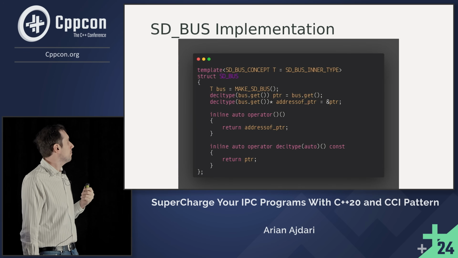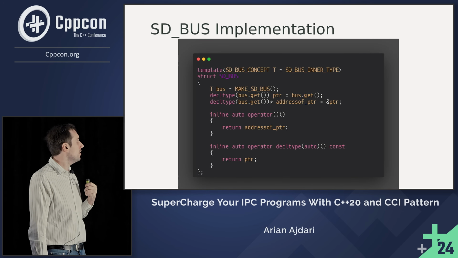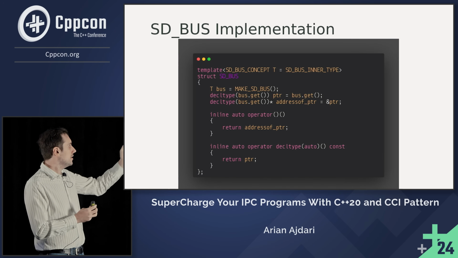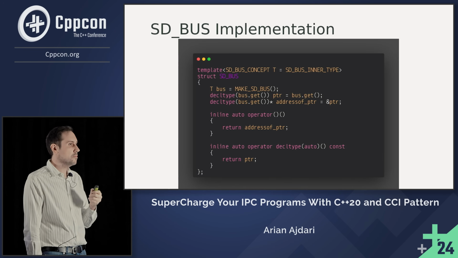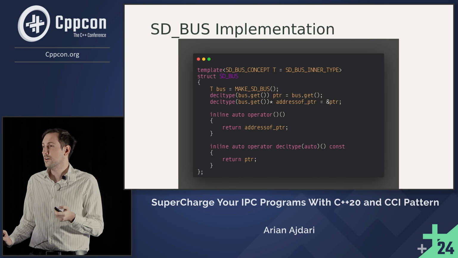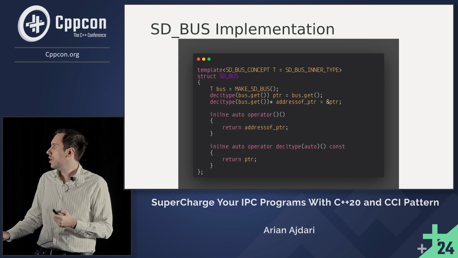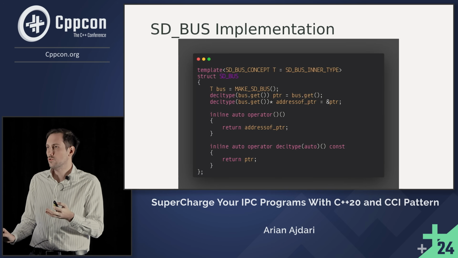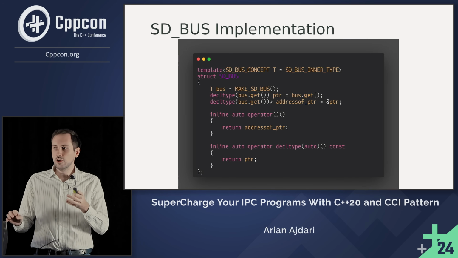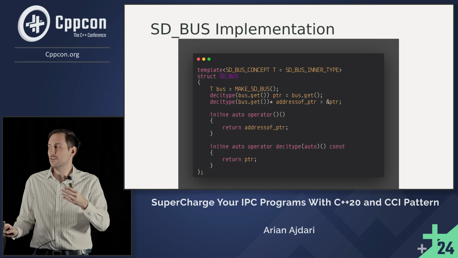Now we can create the type itself, and we utilize the function that we created on the previous slide. For the purposes of dbus, I also need to get the raw pointer inside. That's why I created the ptr. And I also need to get the address of it in order to pass to a function called sdbus createBus. And I created two operators just in order to create a useful interface when the users use it, so they don't have to worry about whether I need to get the reference or the address of a pointer.